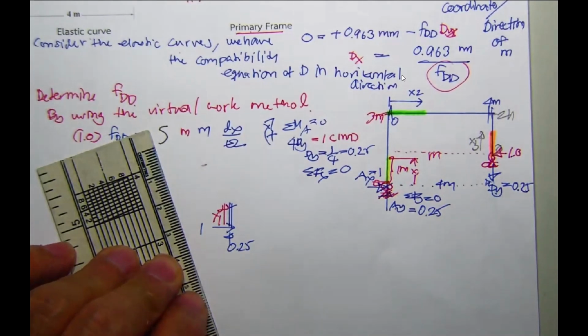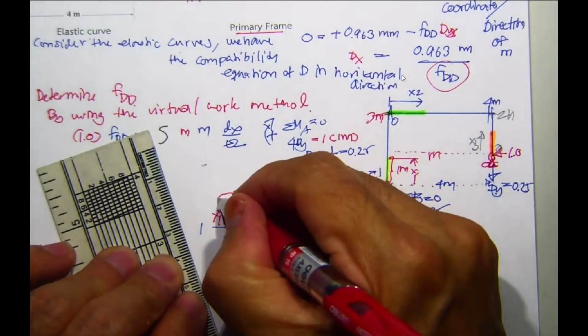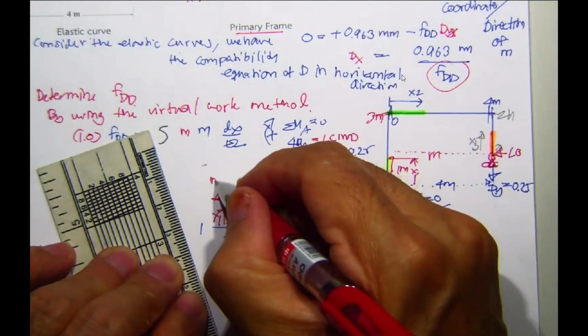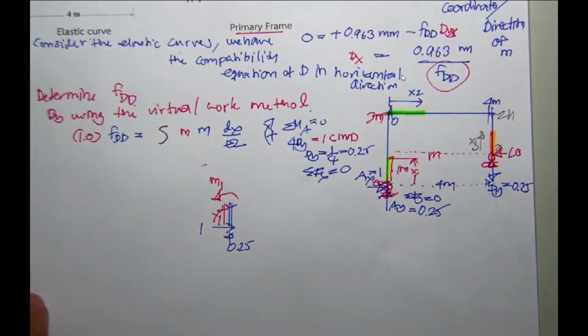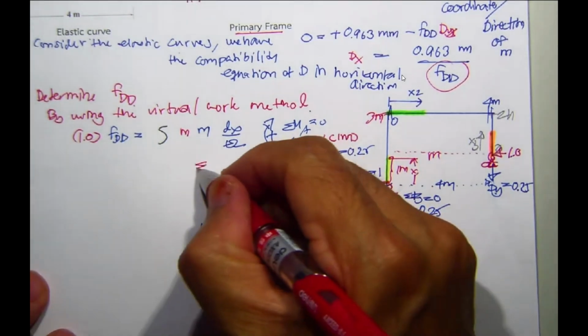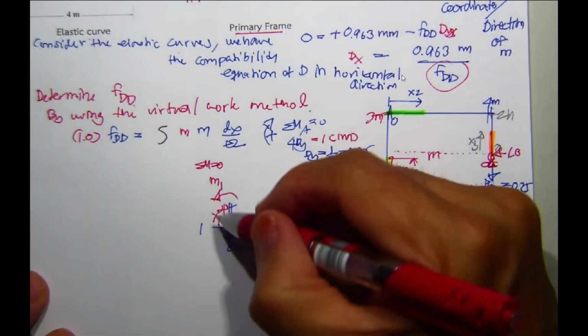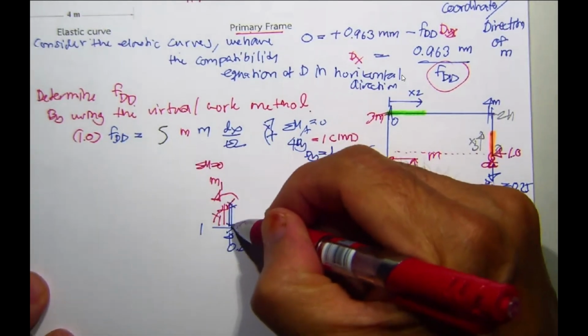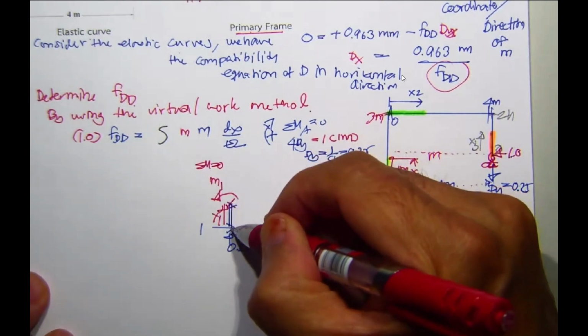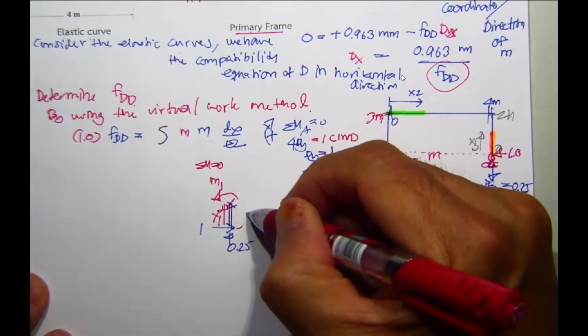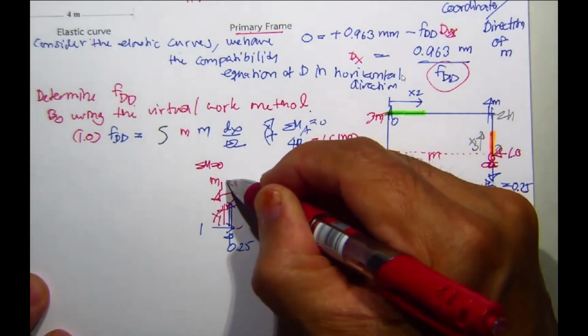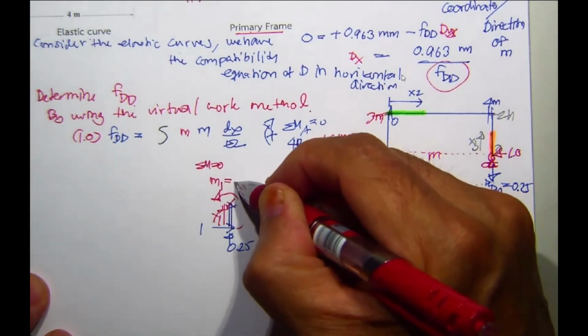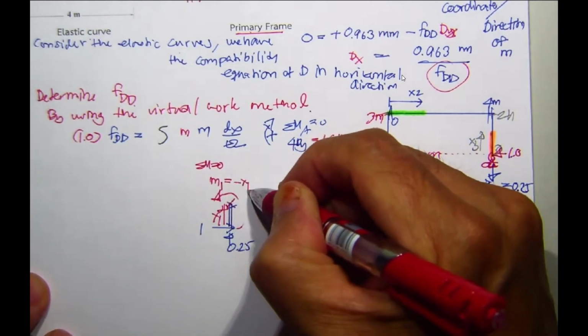Then you may set up. This is going to be your small m1. Okay, you do the summation of the moment equal to 0. Take it over here, provide no moment. Since the moment m1 is loaded with this, so this is going to be minus x1.